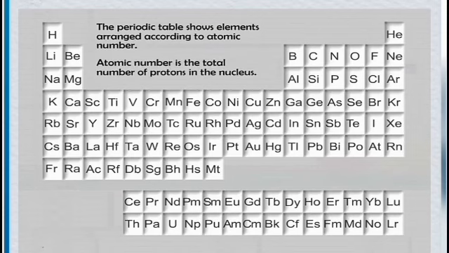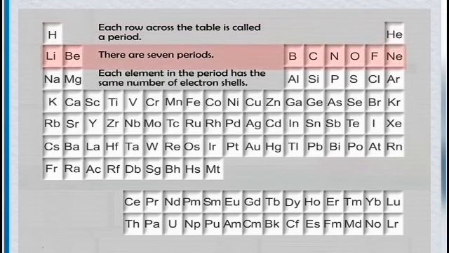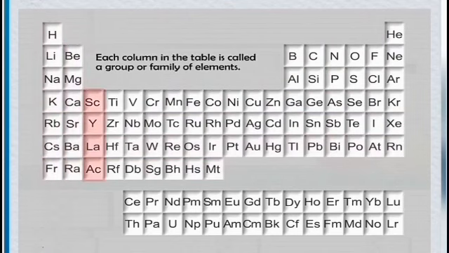Atomic number is the total number of protons in the nucleus. Each row across the table is called a period. There are 7 periods. Each element in the period has the same number of electron shells. Each column in the table is called a group or family of elements.